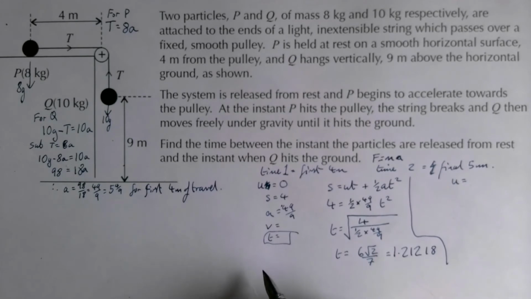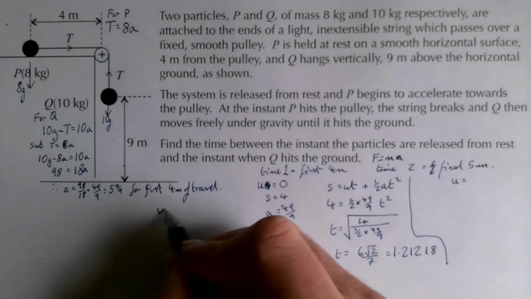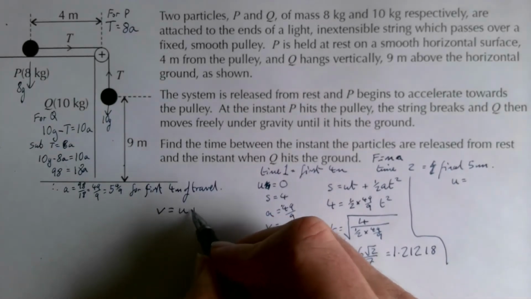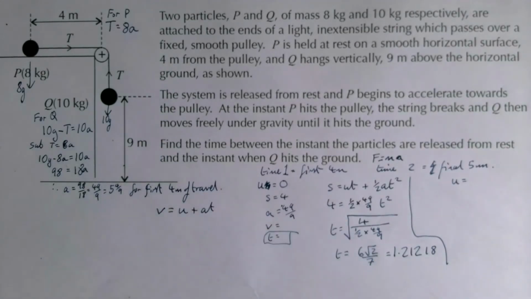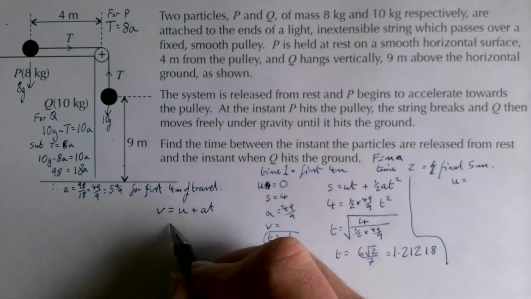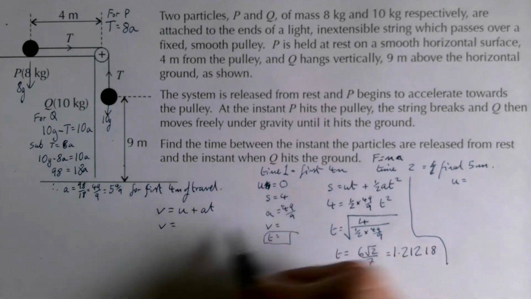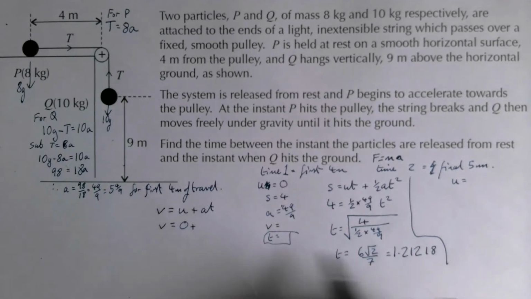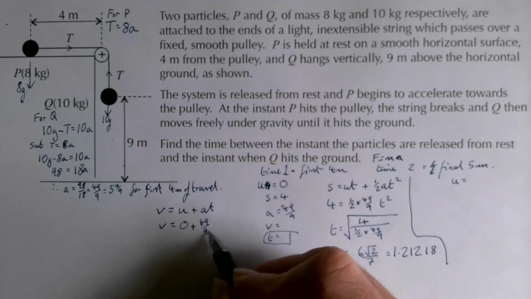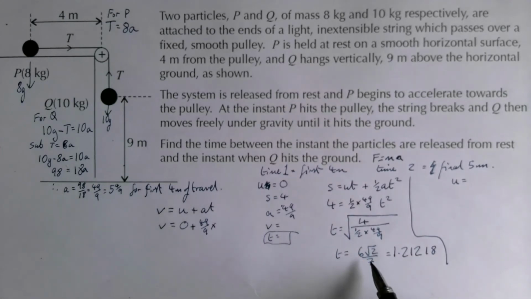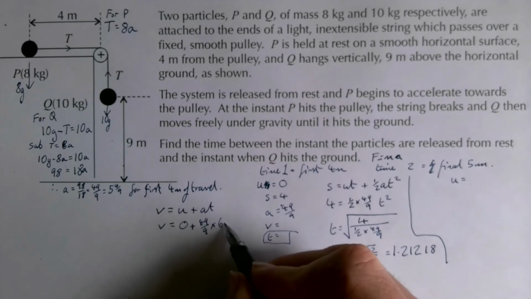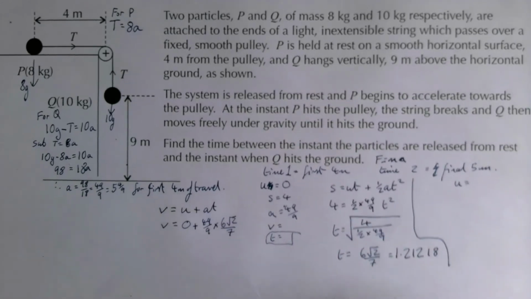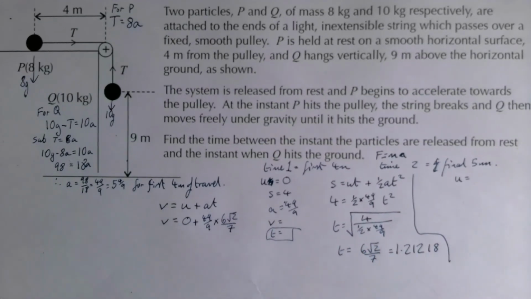Simplest way I could see to do that would be V equals U plus AT, because now we know the time. So that's going to equal 0 plus 49 over 9, and I'm going to multiply that in my calculator, not by the rounded thing, but just by 6 root 2 over 7. In fact, I've still got that in there, so I can just use my answer.